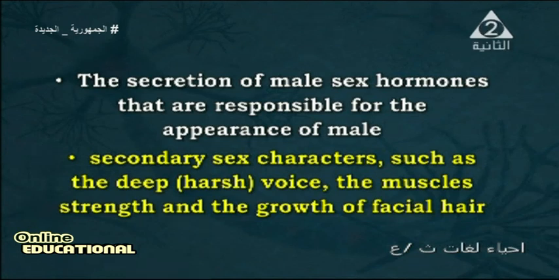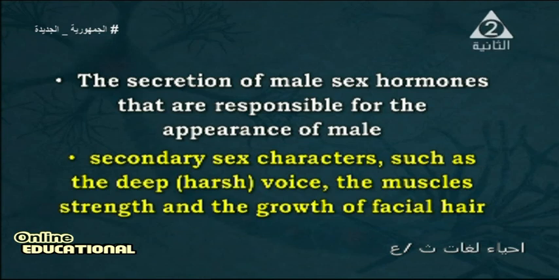If you describe the male, we can see it is formed for, number one, the production of sperm, and the secretion of male sex hormones, the hormones of the secondary sex characters responsible for harshness of voice, enlargement of muscles, strength, and growth of facial hair in different parts of the body. This is from the secondary sex characters.